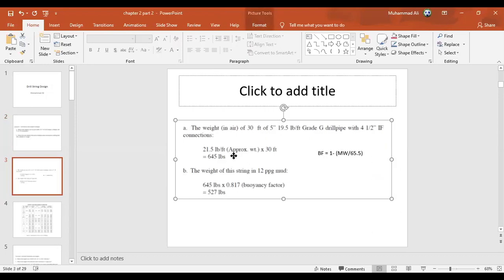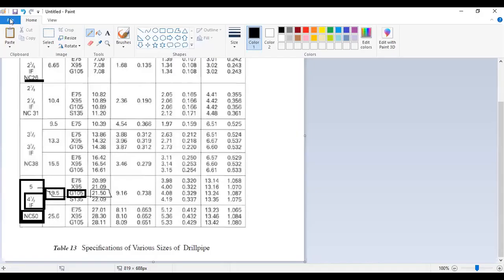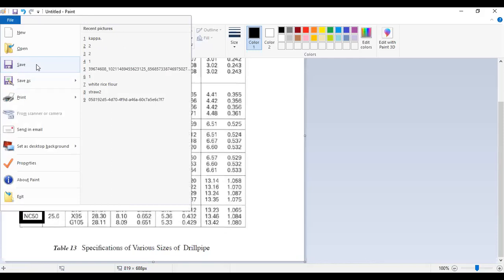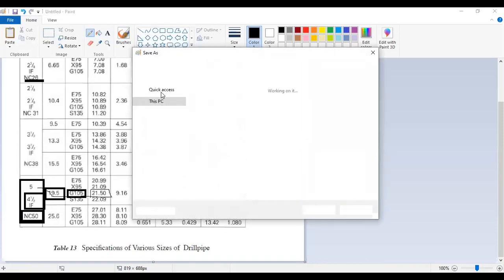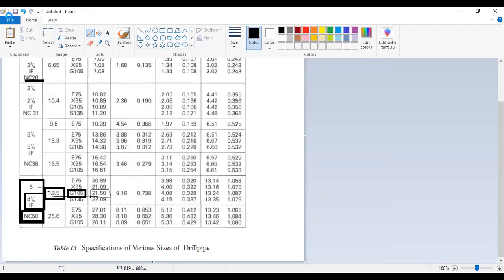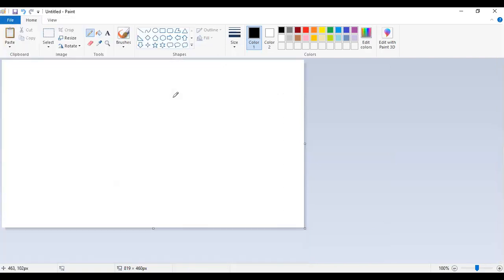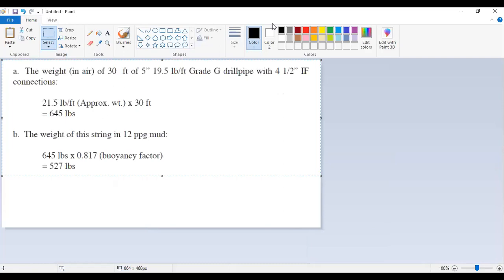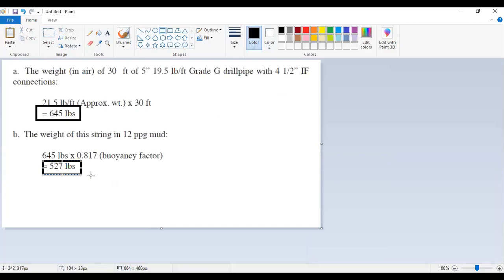Now, there's an important observation. The weight in air was 645 and the weight inside the drilling fluid is 527. So the weight is reduced.